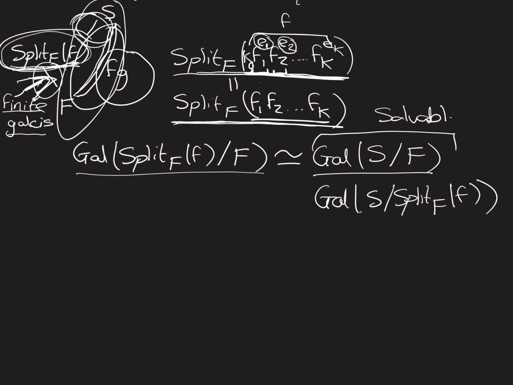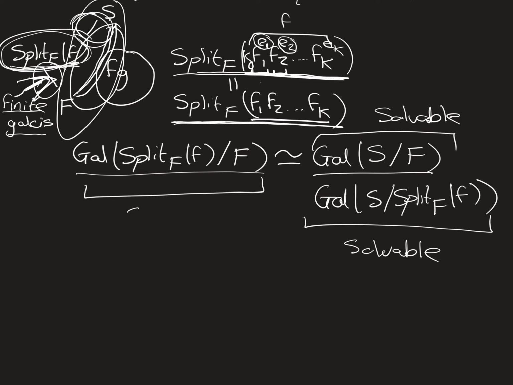It is a fact from group theory, which I'm currently debating whether to bother proving, that if you quotient out a solvable group by any normal subgroup, then the quotient you get will always be solvable. So this is going to be a solvable group, is the point. So that then forces this to be solvable.